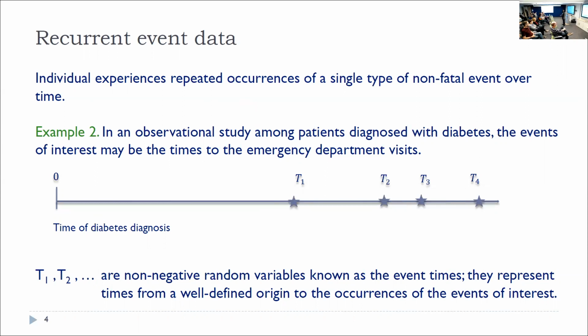We're following them, and we're examining ED visits for these patients. For example, T1 would be the time to the first ED visit, T2 the time to the second, T3, T4, etc. T1, T2, all the way through, these are also random variables. They're known as the event times, and they represent time from some well-defined origin to the occurrence of these multiple events of interest.